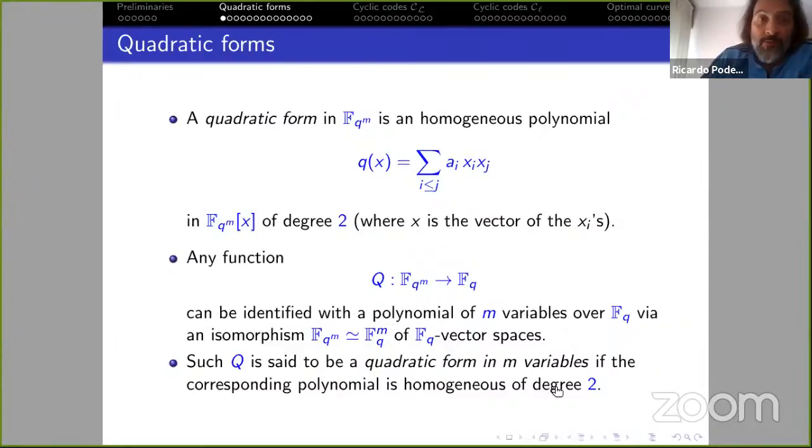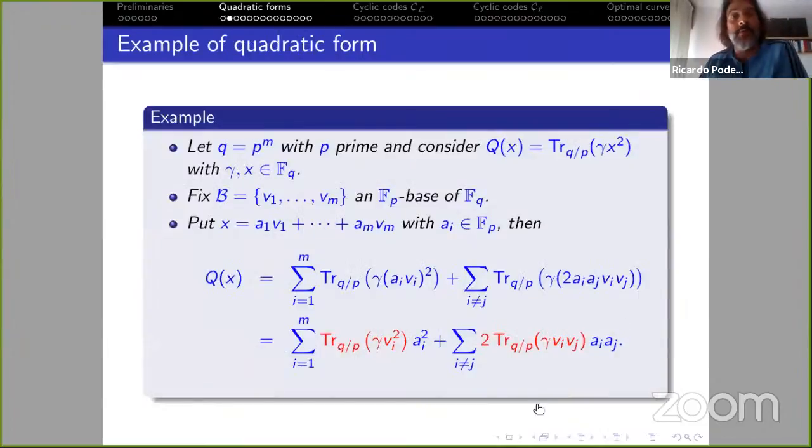Okay, so for example, I give an example. Consider this Q, the trace from F_q to F_p of x squared, fixing an F_p basis of F_q. So every element x can be written in this way, and so we're performing x squared written in this way. We have that Q(x) is this plus this.